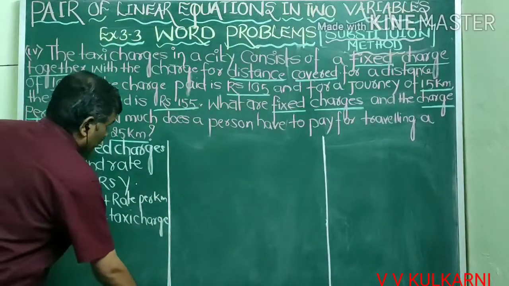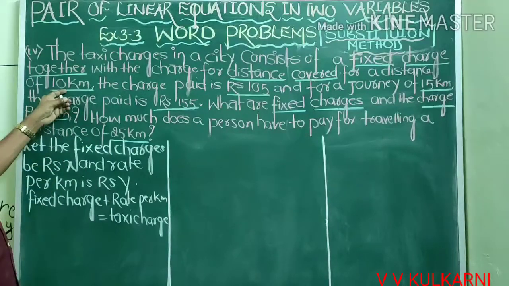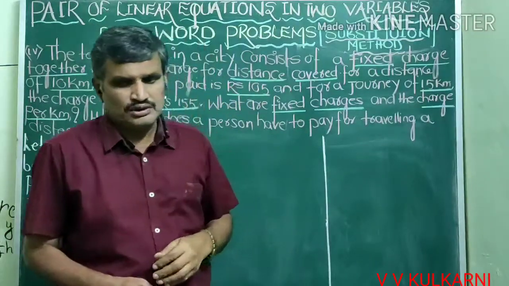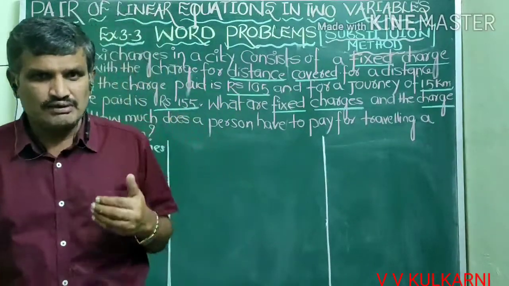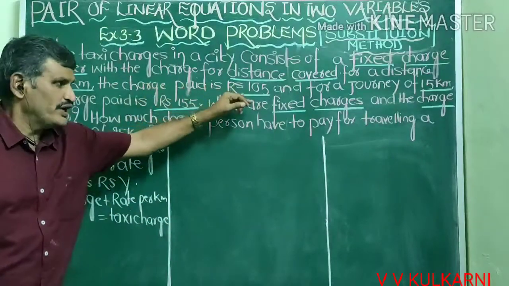Now see here, what he says: for a distance of 10 kilometers, the charge paid is rupees 105. That means if a person travels a distance of 10 kilometers, he has to pay 105.